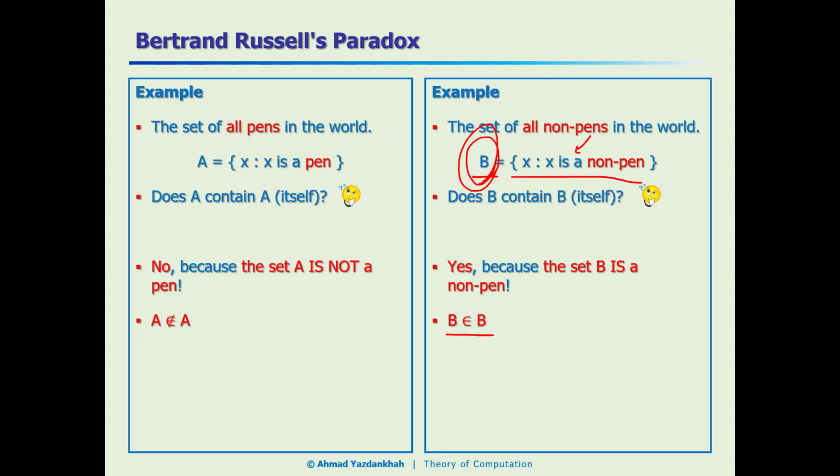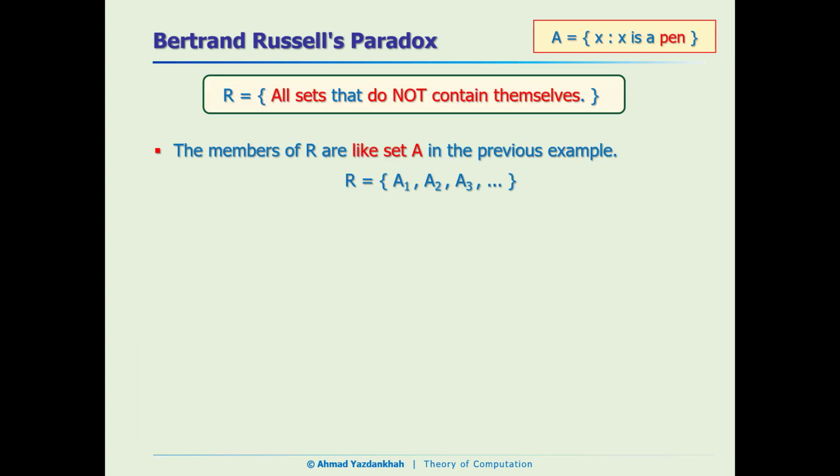All right, now let's get back to the Russell paradox and try to understand the set that it is talking about. Before going there, we just need to focus on the set that does not contain itself. Russell's set is talking about sets like this, the sets that do not contain themselves.